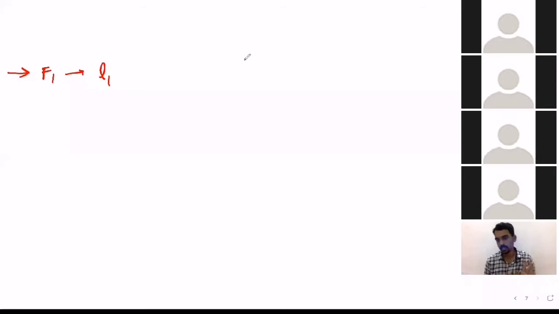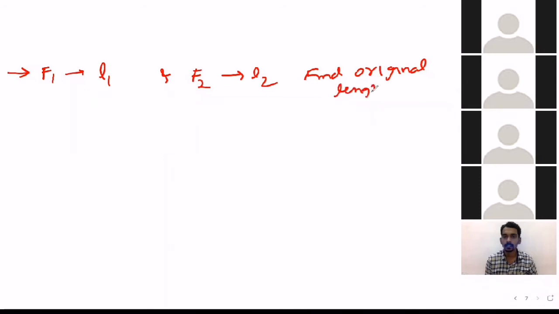There is one wire, length L. Now you apply some force F1, length became L1. Now you remove F1 and apply force F2. Now the total length of the wire became L2. Then find the original length.